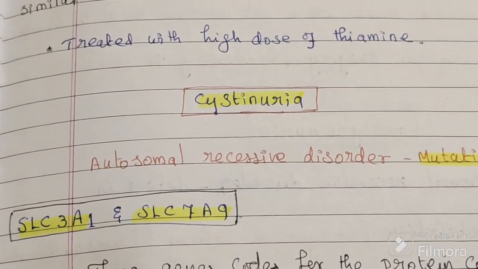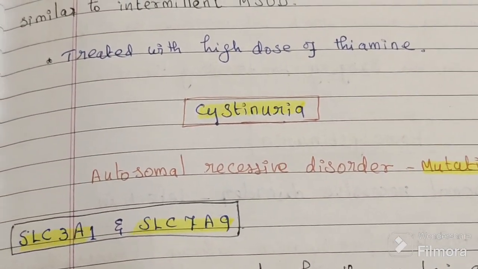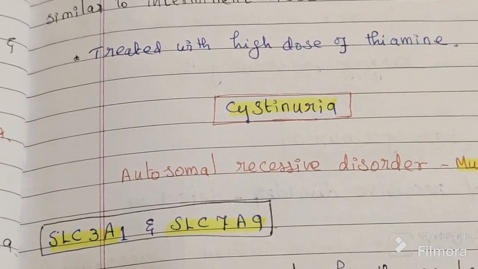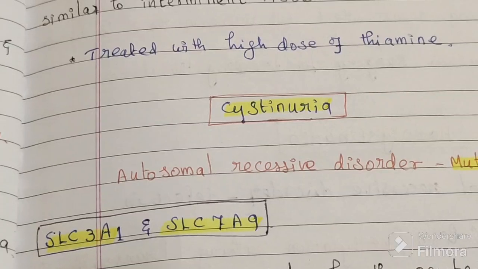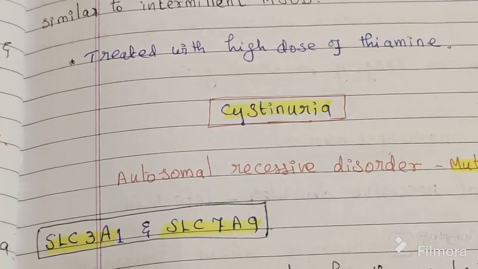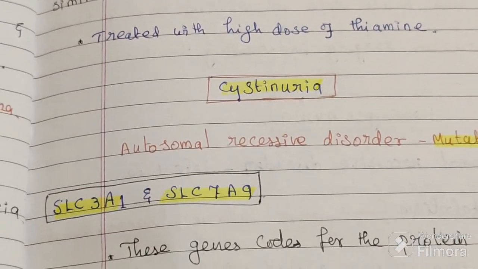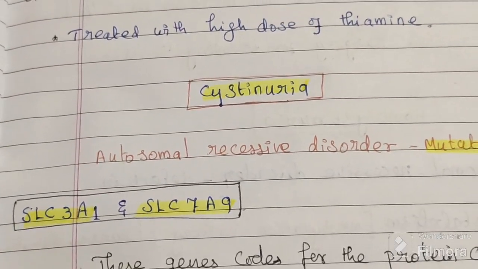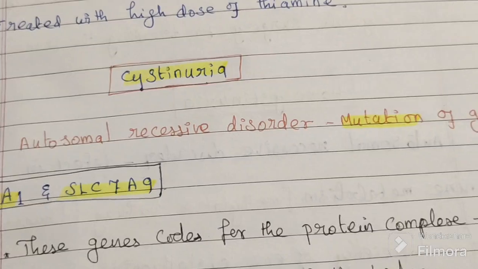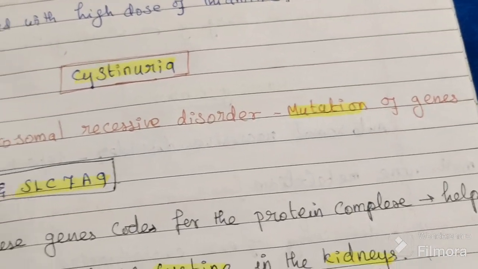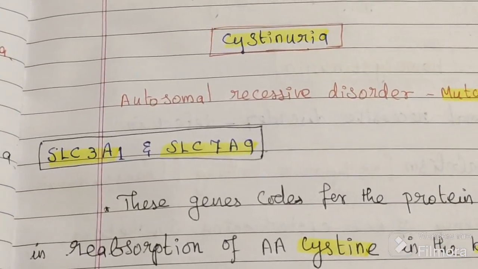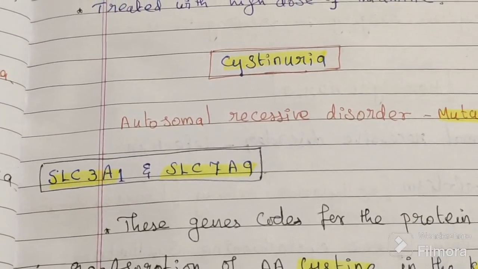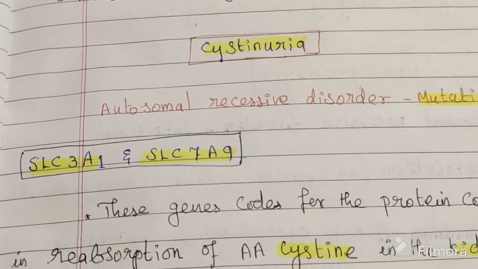Next, inborn error of metabolism, cystinuria. Cystinuria is an autosomal recessive disorder that occurs due to mutation of the genes SLC3A1 and SLC7A9.